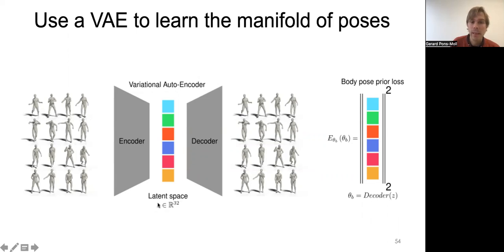Then you obtain a latent space Z that represents the pose, and hopefully this latent space behaves more like the manifold of visually plausible poses. And then you can optimize directly these latent space parameters instead of the original joint angles of the SMPL model.